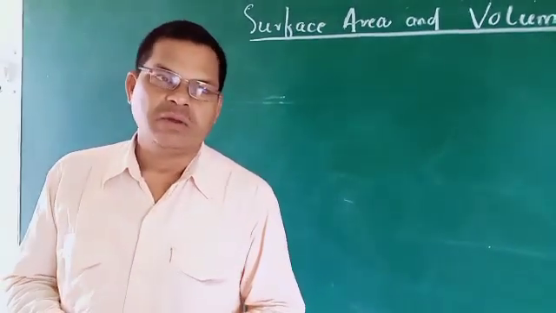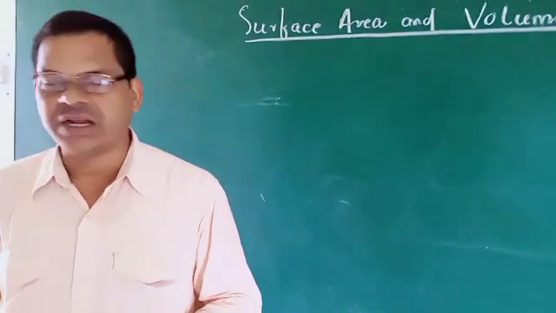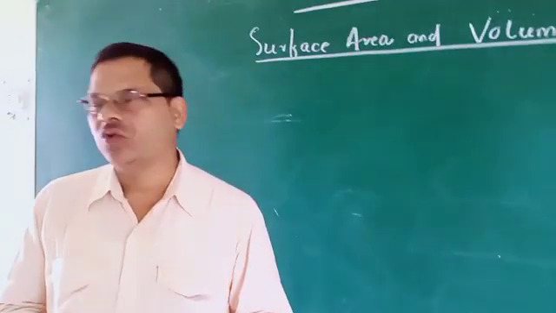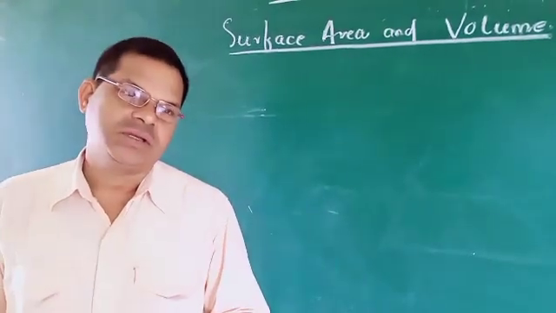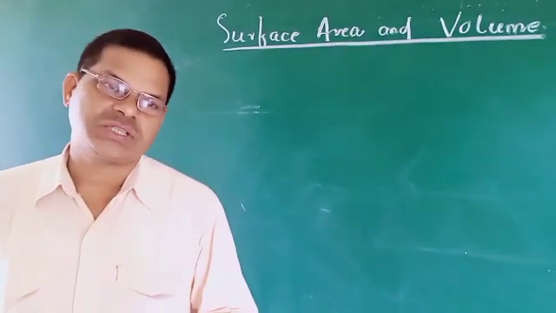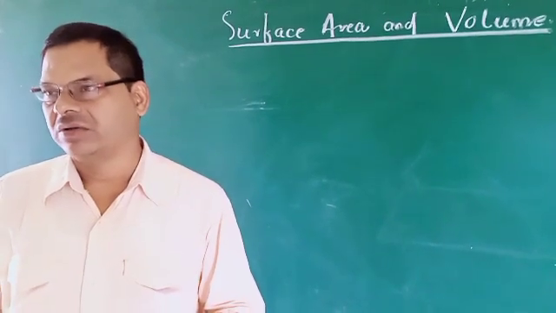Now, what is the difference between a cube and a cuboid? A cuboid is a solid figure in which all sides are different.